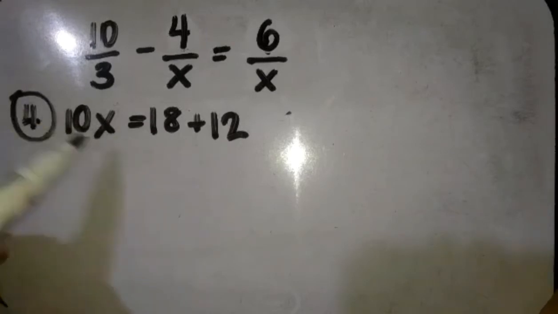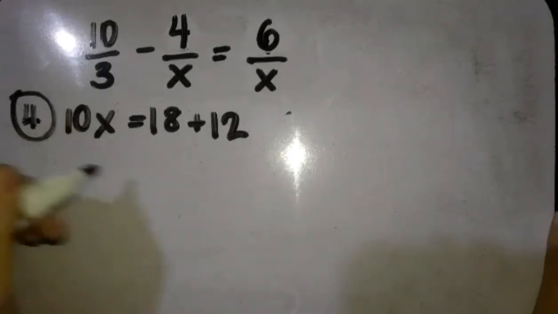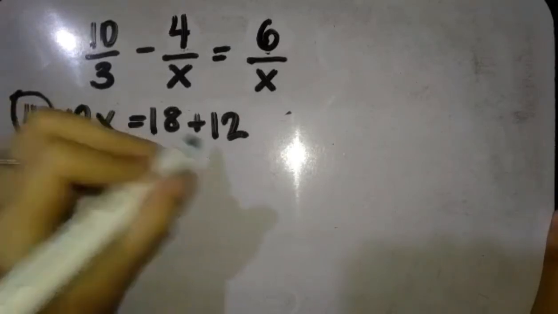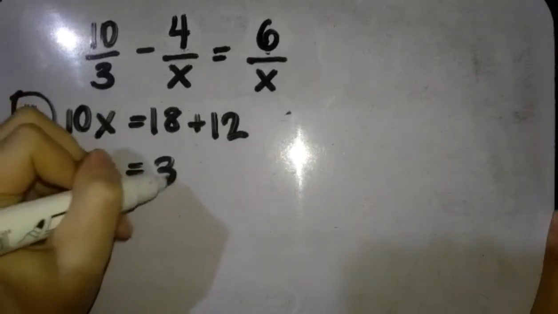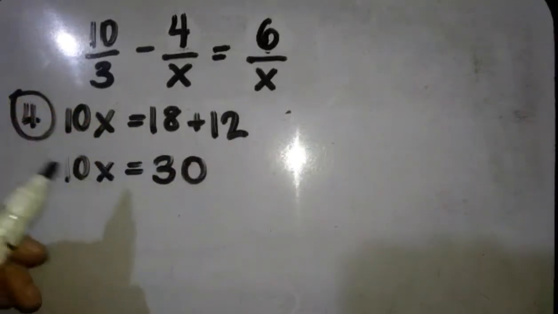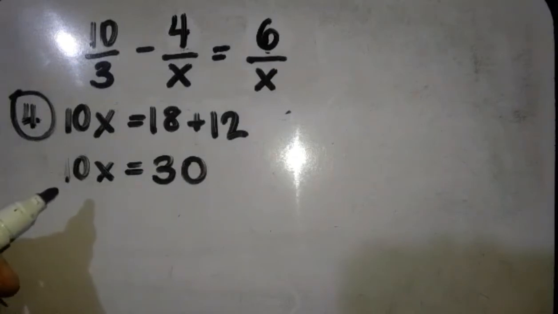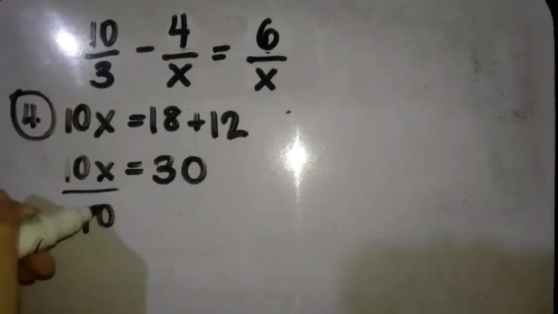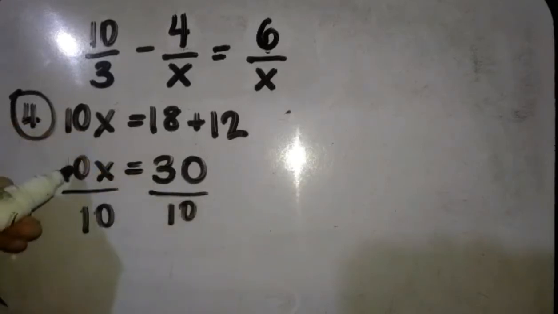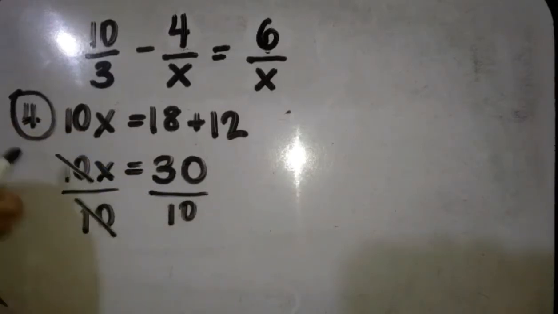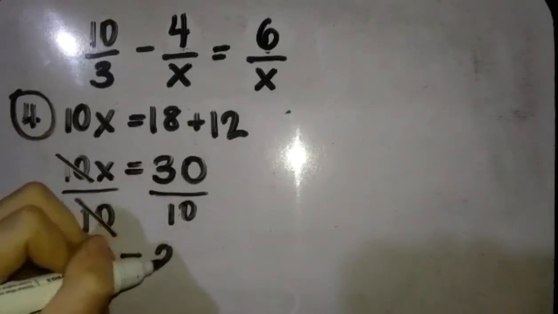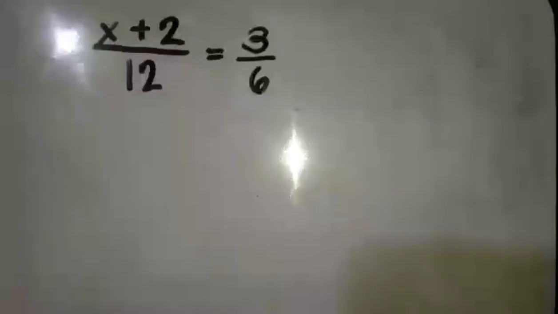And just simplify it. 10x is equal to 18 plus 12 is equal to 30. And to find the value of x, we will just divide both sides by 10 and cancel out. And x is equal to 30 divided by 10 is equal to 3. And that's the final answer.